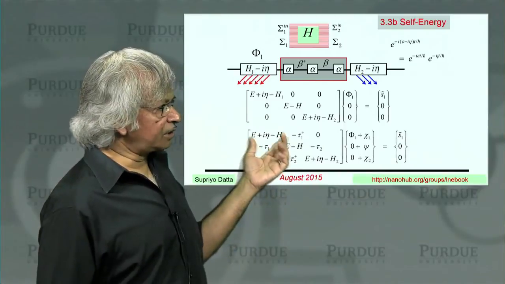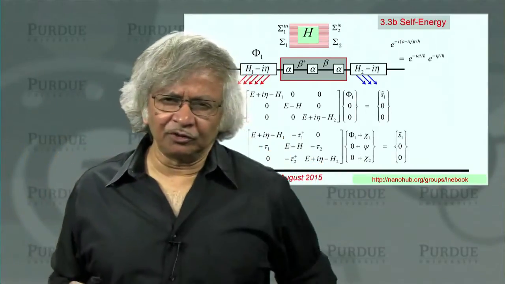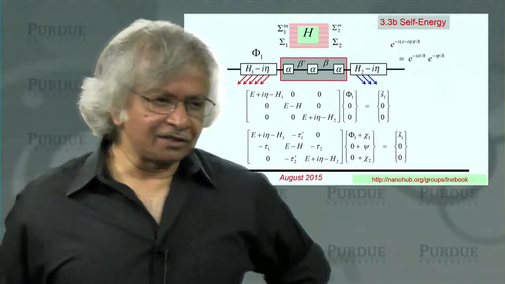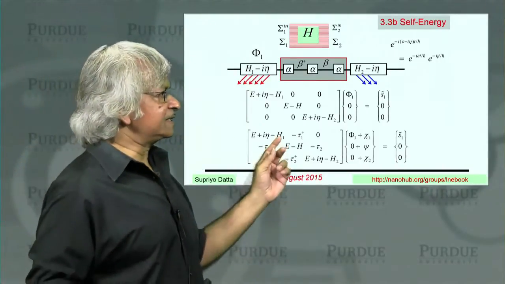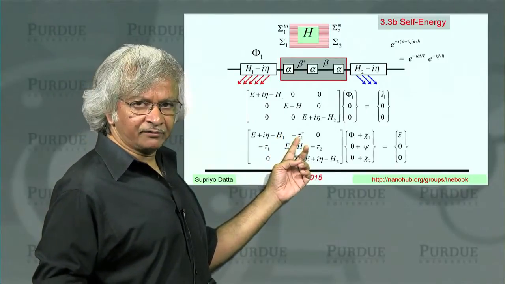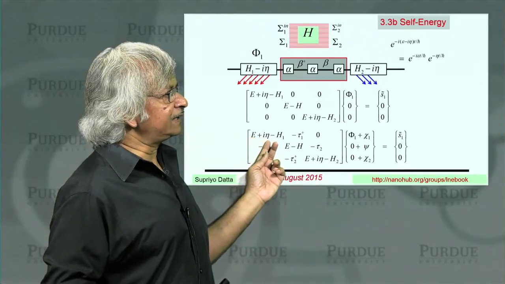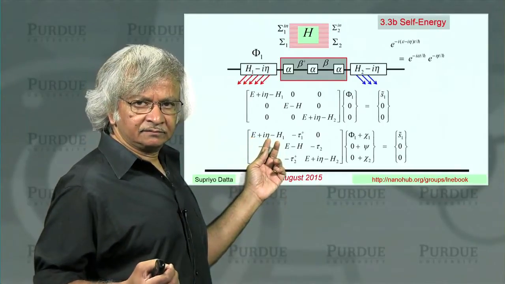Okay? Remember, these are all matrices, and one point where, just to simplify the notation, I'm being a little sloppy is that this H is a matrix, and this H1 is a matrix, the tau is a matrix, and so on. Whereas this E and this eta are numbers.